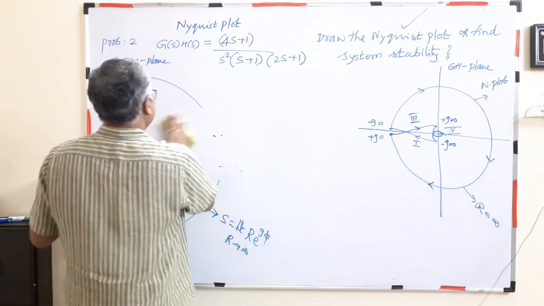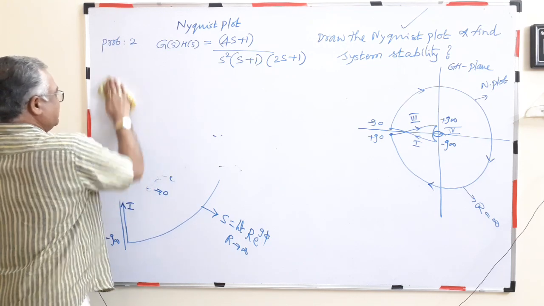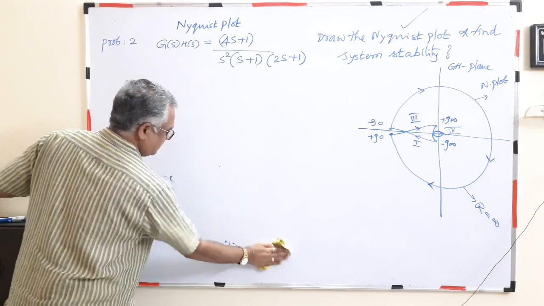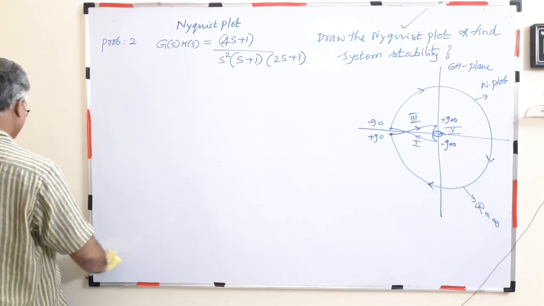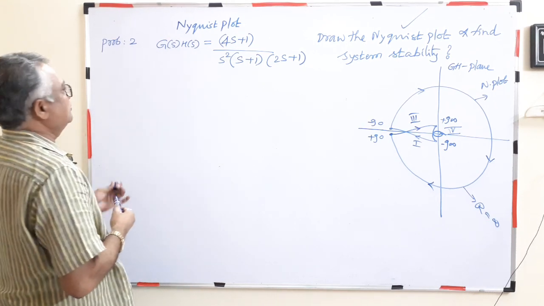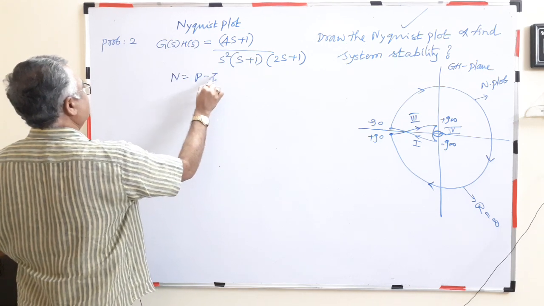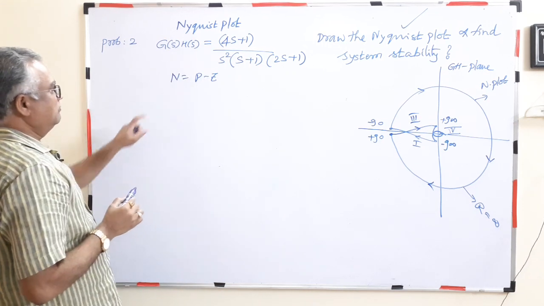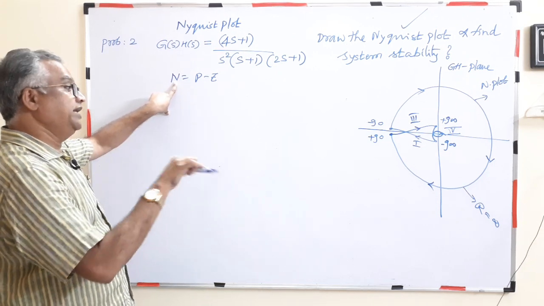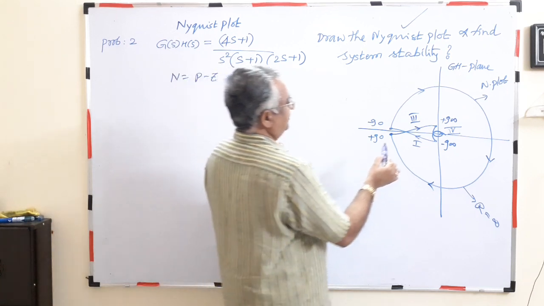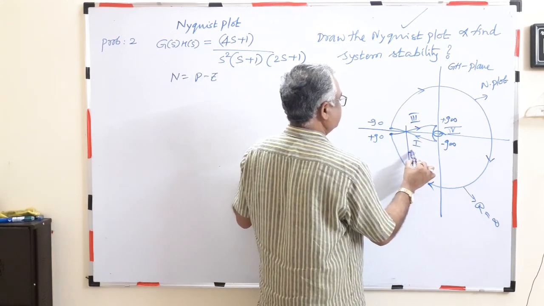So I am removing this because I want a space. What is the argument? N equal to P minus Z. What is N? Number of encirclements made with respect to minus 1. Now it is intersecting the negative real axis here. This distance we have to find.